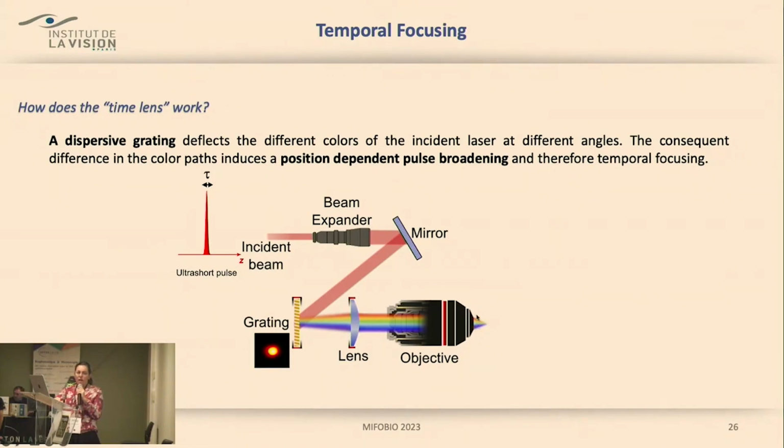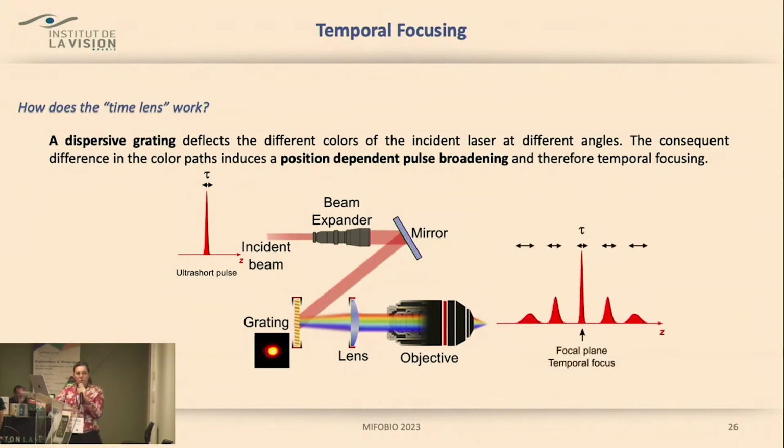So actually, out of the focal plane, they recombine with a certain phase delay, and this gives rise to a broadened laser pulse. In other words, we manage like that to have short pulses only around the focal plane. So, in fact, the frequencies arrive in phase only in the vicinity of the focal plane. And in this way, the fluorescence is basically excited only around this volume.